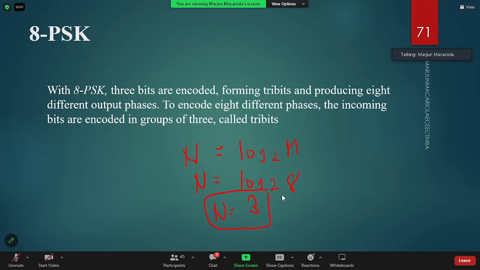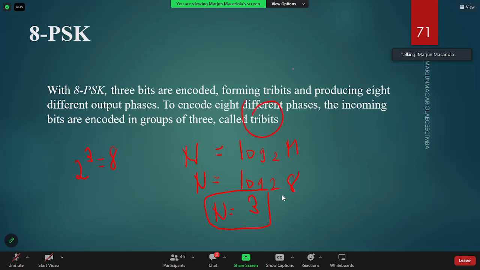And it is called 8 PSK. Why? Because there are 8 possible combinations. So that is 2 cubed is equal to 8. Okay? So there are 8 different phases. During QPSK, we already solved that there are 4 possible resultant phasors. And in 8 PSK, we now have 8 possible output resultant phasors. In QPSK, we called the combinations of binary sequence di-bits.